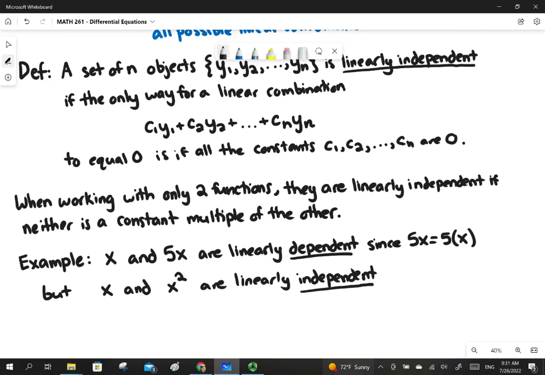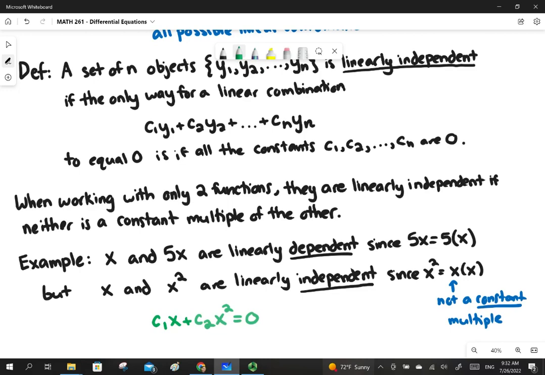But x and x squared are linearly independent because x squared is x times x, but it is not a constant multiple. Another way to think about that in terms of our actual definition would be if we had a combination of x and x squared that equaled 0 for all x.